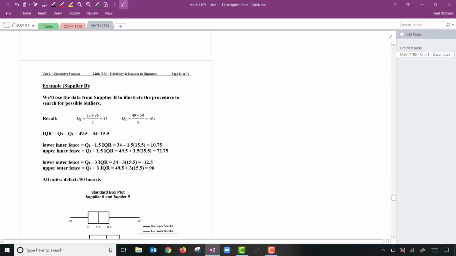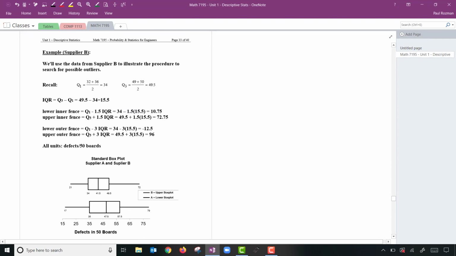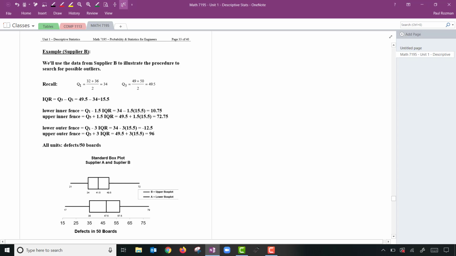Back to supplier B. I'm sure we're getting tired of that group of data by now. We have our defects in 50 boards. Remember, we had our quartiles already determined. They were defects per 50 boards. We can calculate the interquartile range, which is Q3 minus Q1. In this case, it turns out to be 15.5.